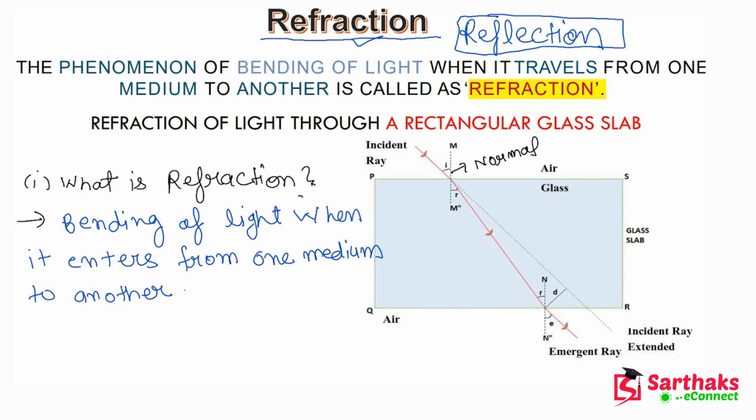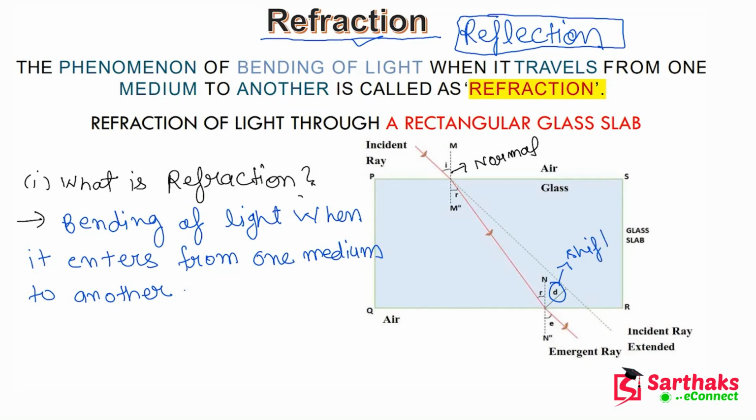This is our incident ray, this is a glass slab, and after the refraction it is bending towards the normal. This is the second case where you can also observe refraction again, and by this process it is bending away from the normal. So you can see that this ray and this ray are parallel, but you can also observe some shift.